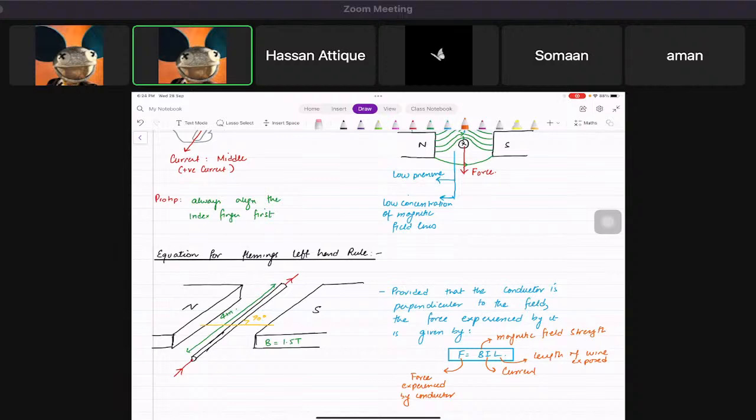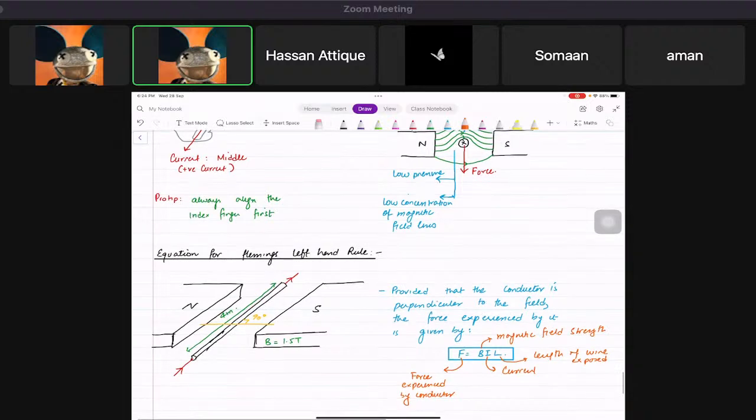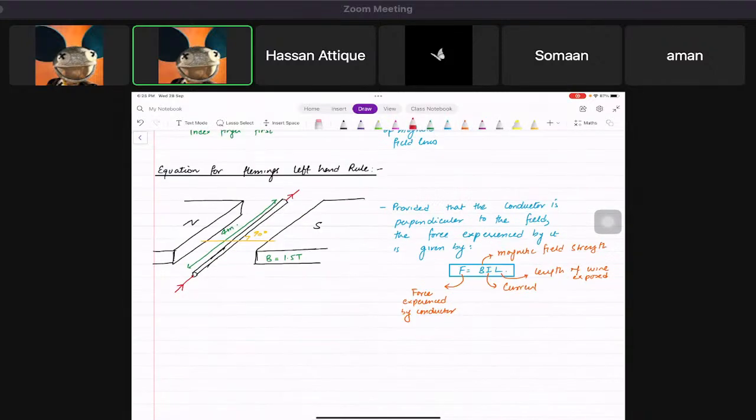Now, what you're going to do is simply use the equation. In this case, we're going to say, okay, F is equal to Bill. B is actually equal to 1.5. The current is 2 ampere. I didn't give it to you. And the length is 4. So the total force that this conductor is going to experience is 12 newtons.